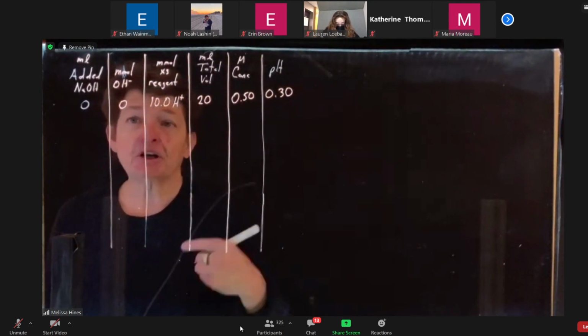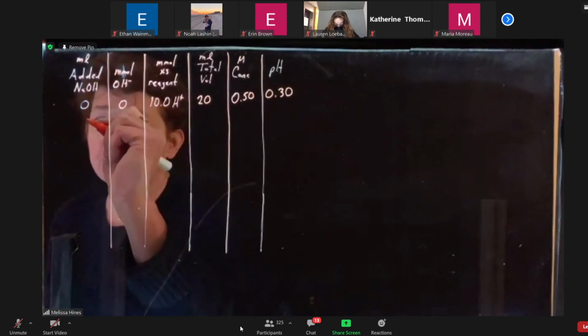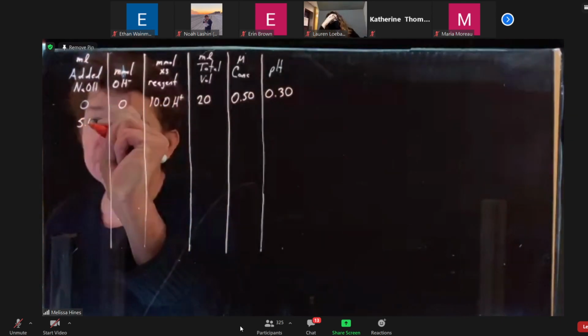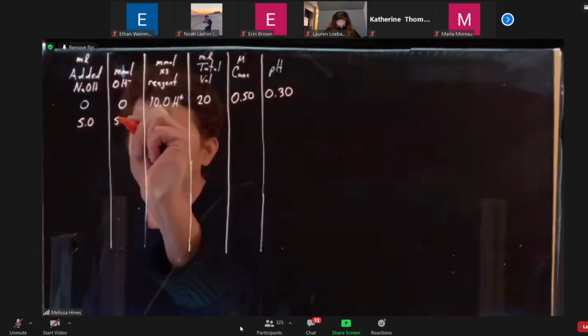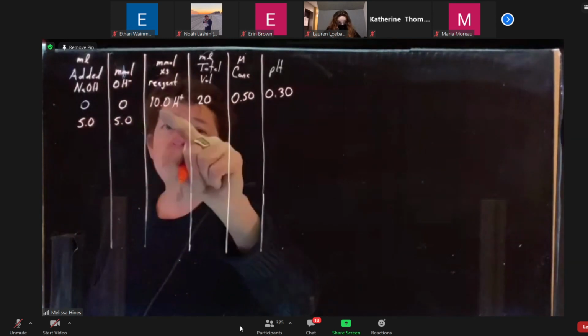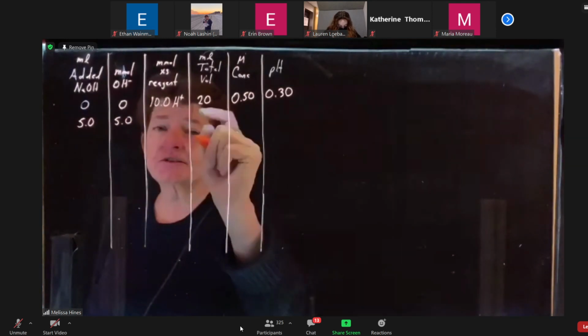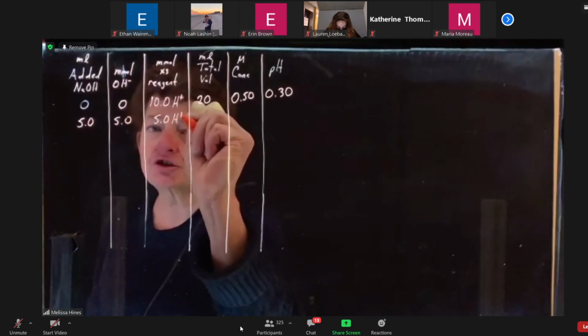Okay, so it starts out very acidic. Now what I'm going to do is I'm going to go halfway to neutralization. So halfway to neutralization is going to be adding 5 milliliters of sodium hydroxide. So at this point, I am going to have added 5 millimoles of OH minus. That reacts with the H plus, leaving behind 5 millimoles of H plus.